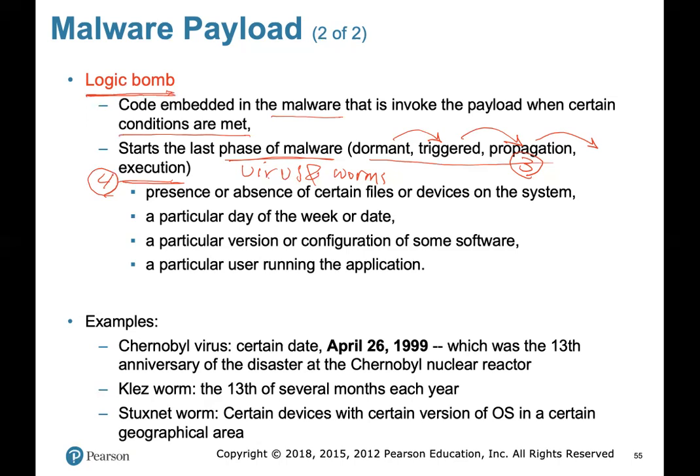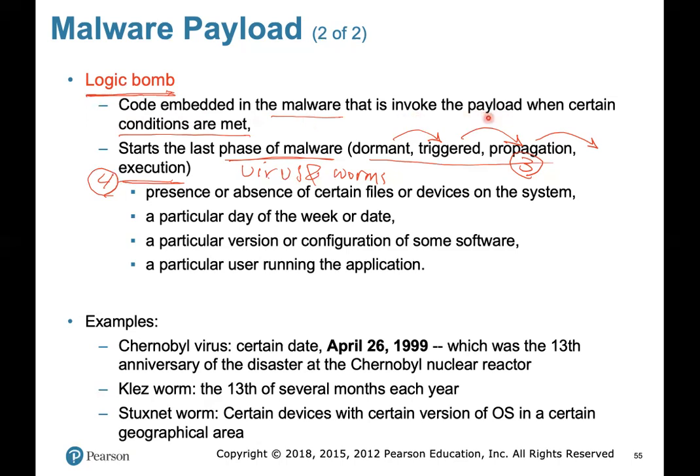It means that the transition from propagation to execution is done by the decision which is made by the logic bomb. So this is a definition of a logic bomb: a code embedded in our malware that invokes the payload.